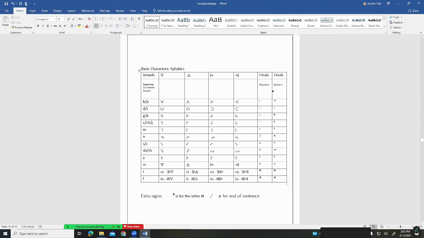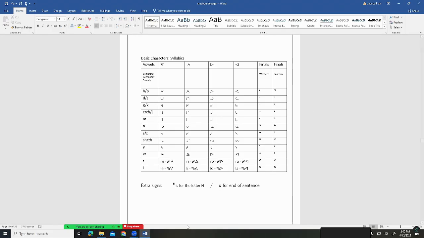We use two finals, Western and Eastern, which are in the right column, and the beginning consonant sounds are on the left. We have the extra signs, H for the h sound and the X for the ending of a sentence.